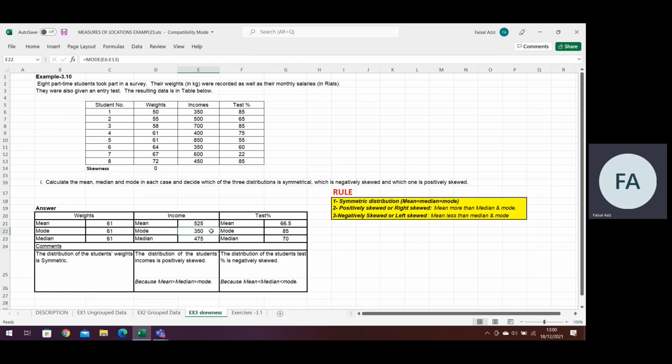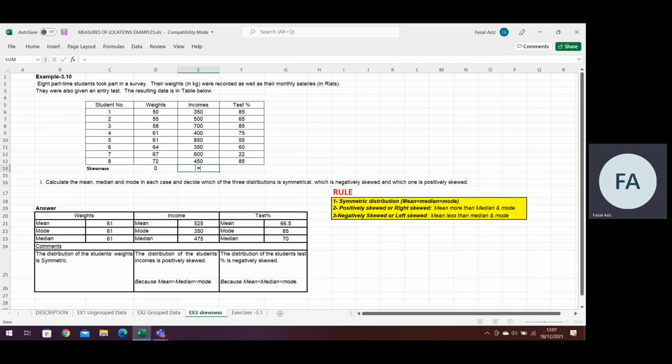If this is the case, we call this type of distribution positively skewed, meaning the tail of the data goes towards the right side and the mount shape will be on the left side. So we can check it through skewness.